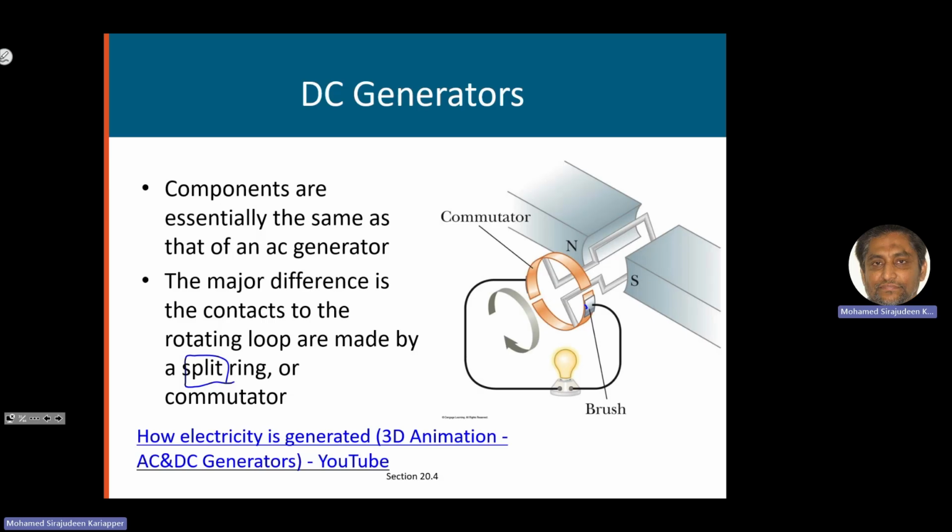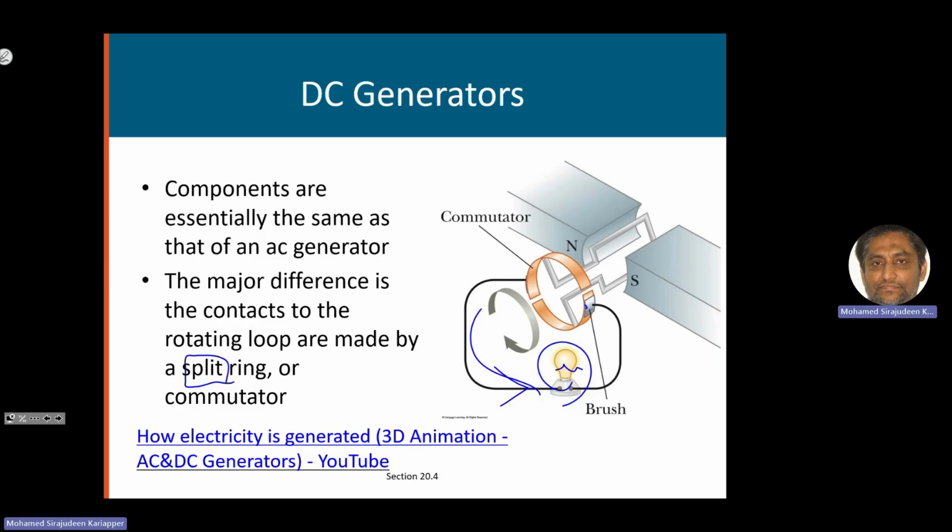So every time the current direction changes, this also changes the connection. The result is that the current through the external circuit will be in the same direction. So what you get out through the bulb, in the external circuit, the current will always be flowing in the same direction.